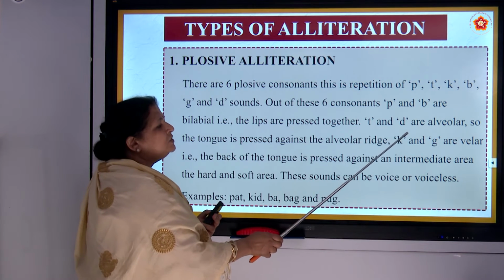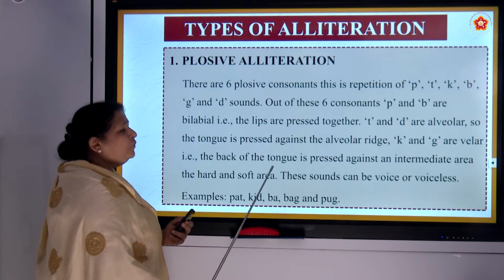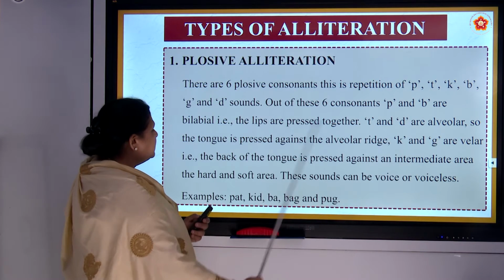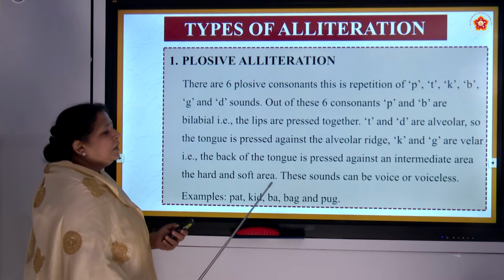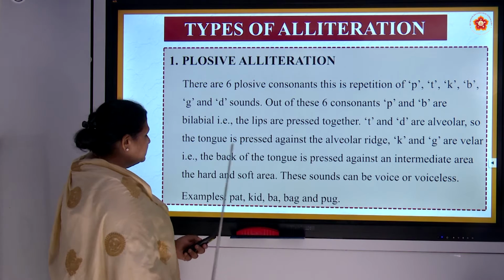Now K and G are velar. That is, the back of the tongue is pressed against an intermediate area, the hard and soft area. These sounds can be voiced or voiceless.